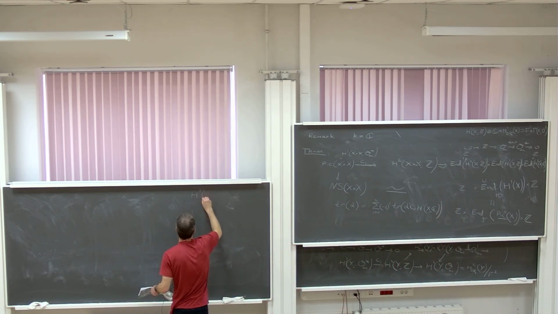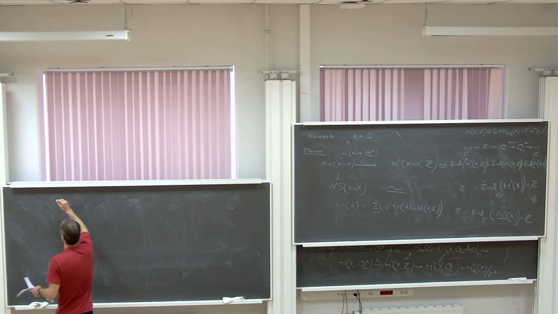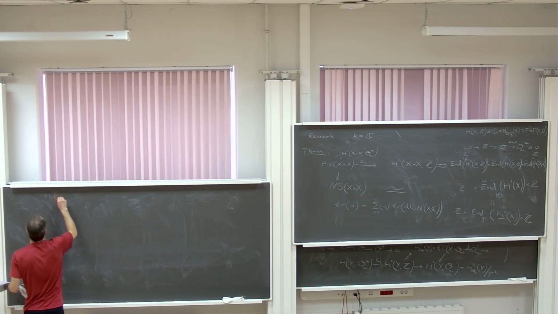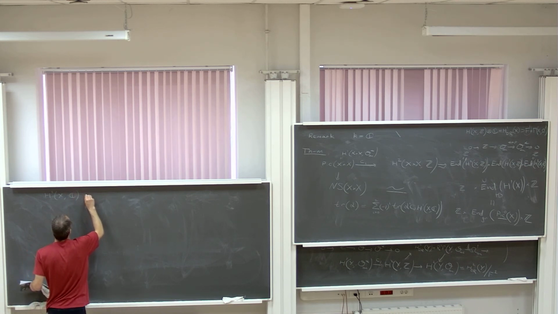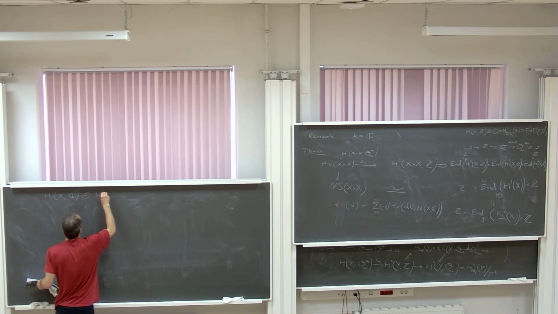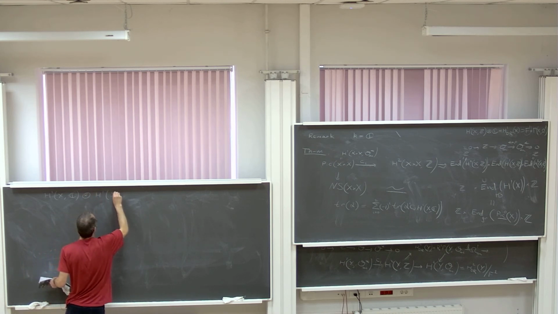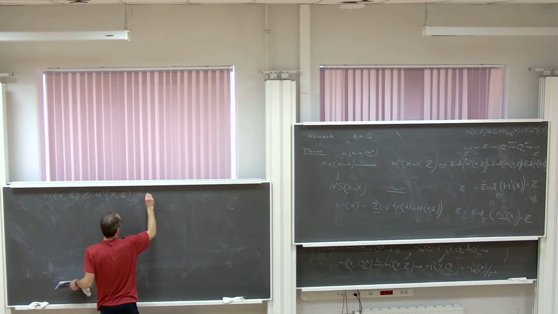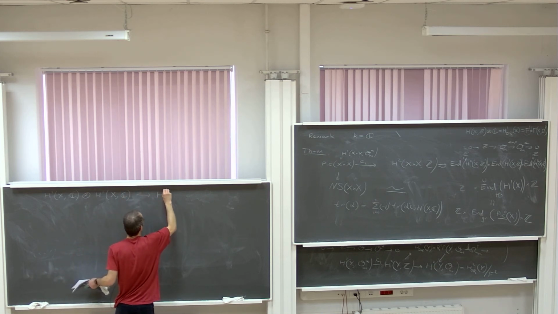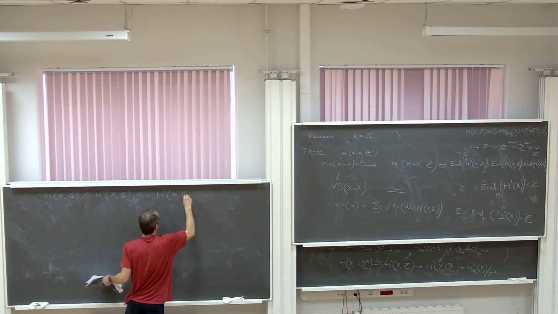You have H1 of X with C coefficients tensored with H1 of X with C coefficients, and here you have the Poincaré map to H2 of X with C coefficients.